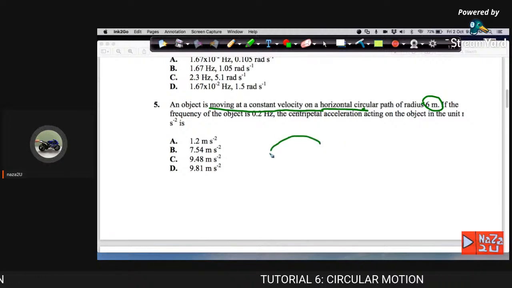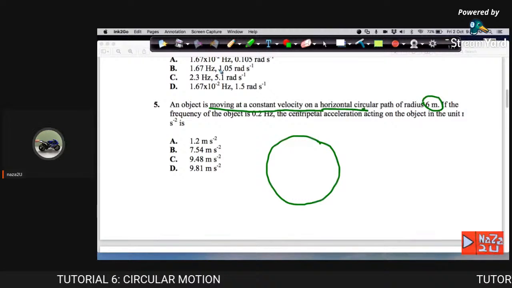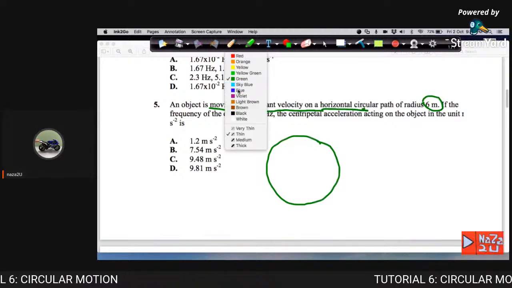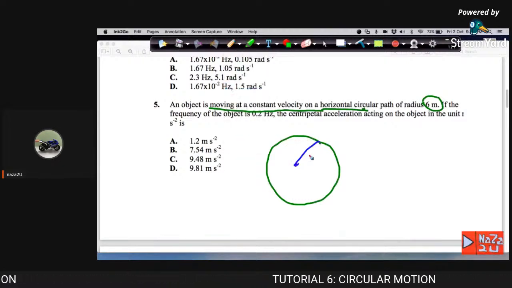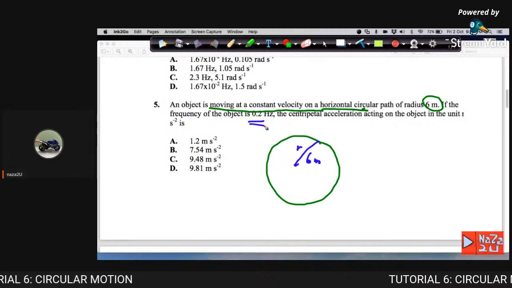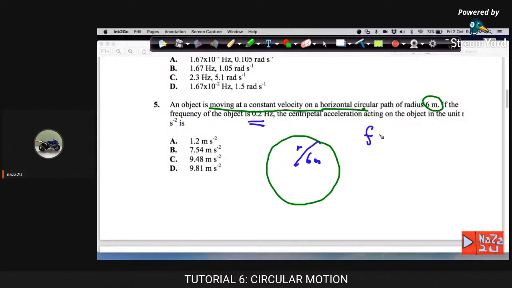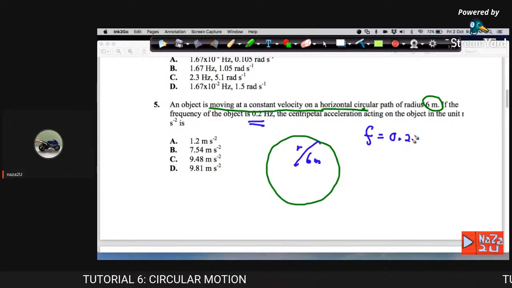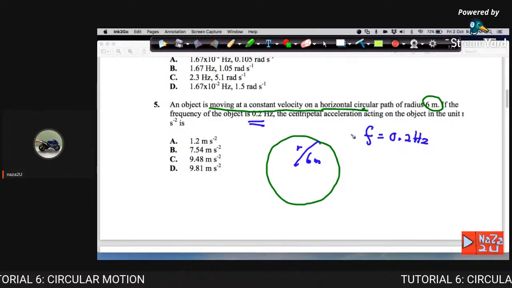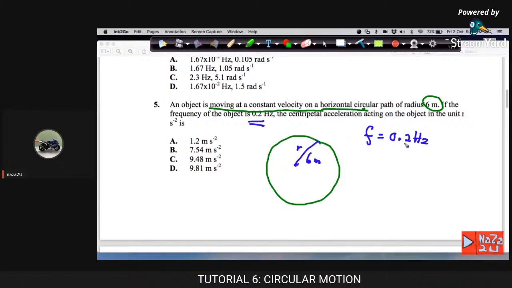So here we have a circular path of motion, and the radius of the circular path is 6 meters. This is R. If the frequency of the object is 0.2 hertz, how can you describe 0.2 hertz?